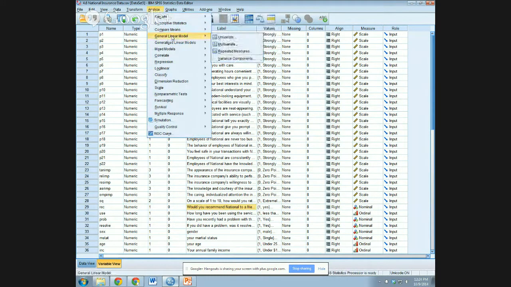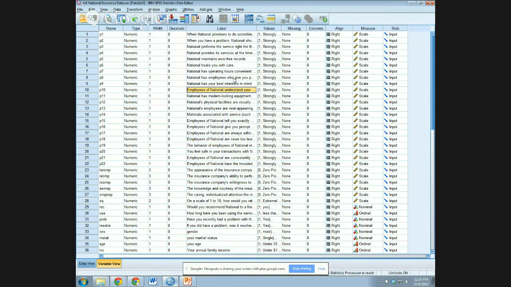Okay, so what we have here is Analyze, Compare Means, and we can run multiple tests that we've discussed just now from this, okay? So let's say I want to run a one sample t-test.